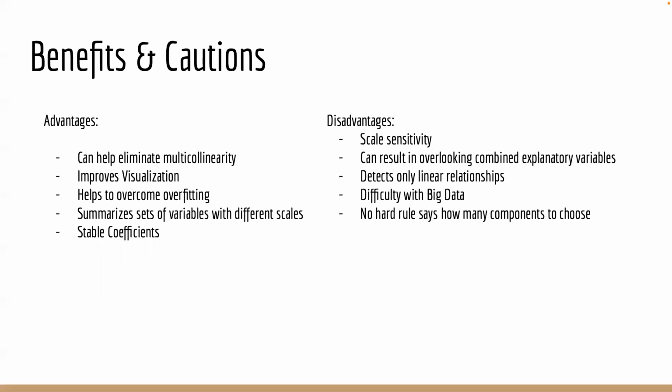It can also result in overlooking some of the combined explanatory variables. It detects only linear relationships, and it's not as efficient in big data, so it has some difficulty with it. There are no hard rules to say how many components to choose, so generally, it just stops at the point of diminishing returns for variance added with additional components.